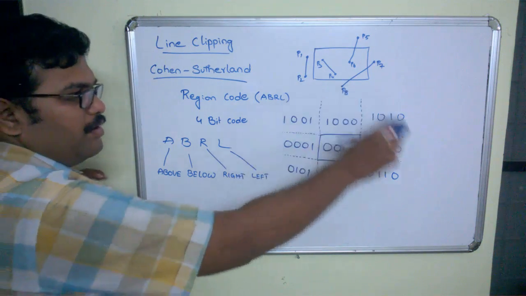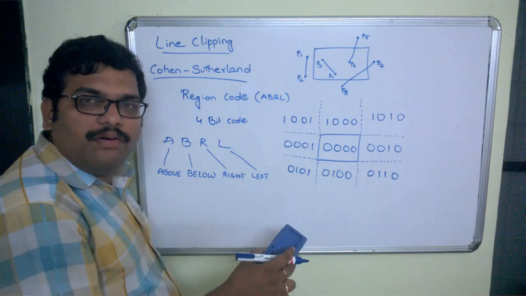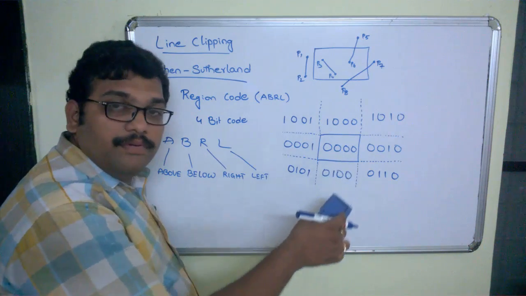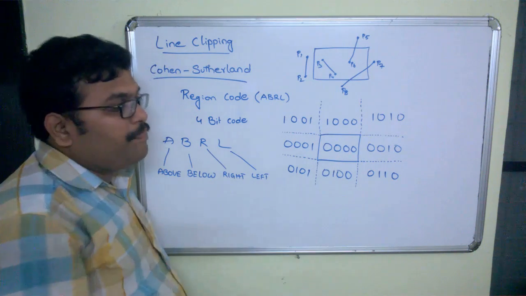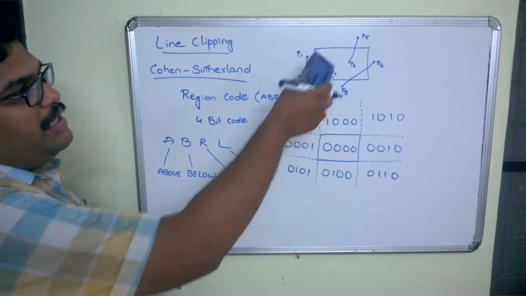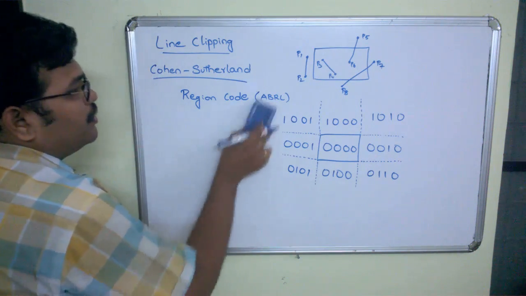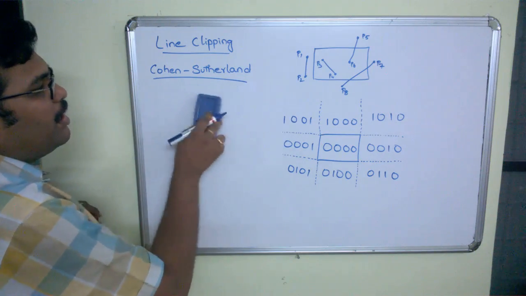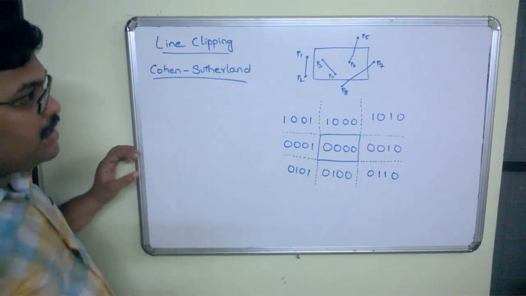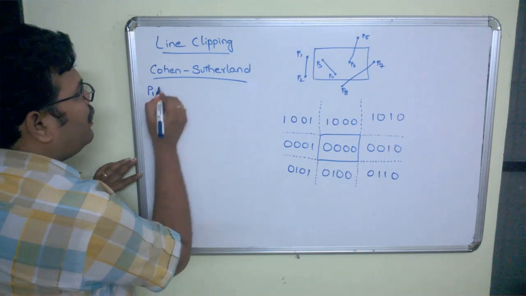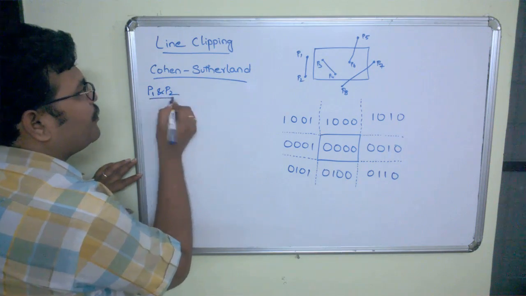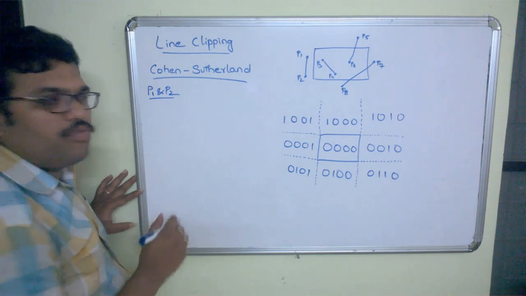And after filling all the regions of the neighboring windows, now consider each and every line. Let us consider the above example. Consider P1 and P2. So apply the region codes.